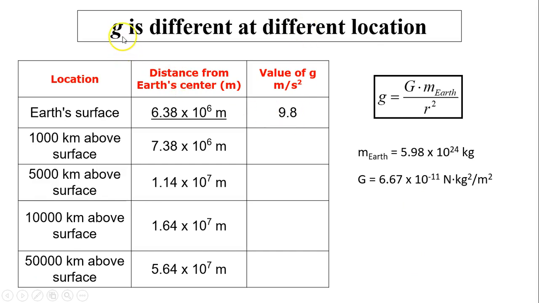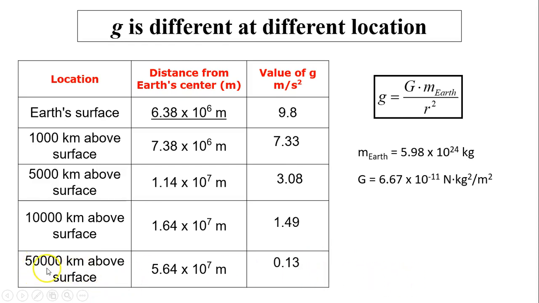Gravitational acceleration is different at a different location because it's location dependent, it's inverse squared. So we can use this equation to calculate the gravitational acceleration at various points. I highly suggest you do this on your own because you'll have to do this on the test. Make sure you are able to find these values. And if you have trouble, come to school and I can help you. Okay, those are the values.